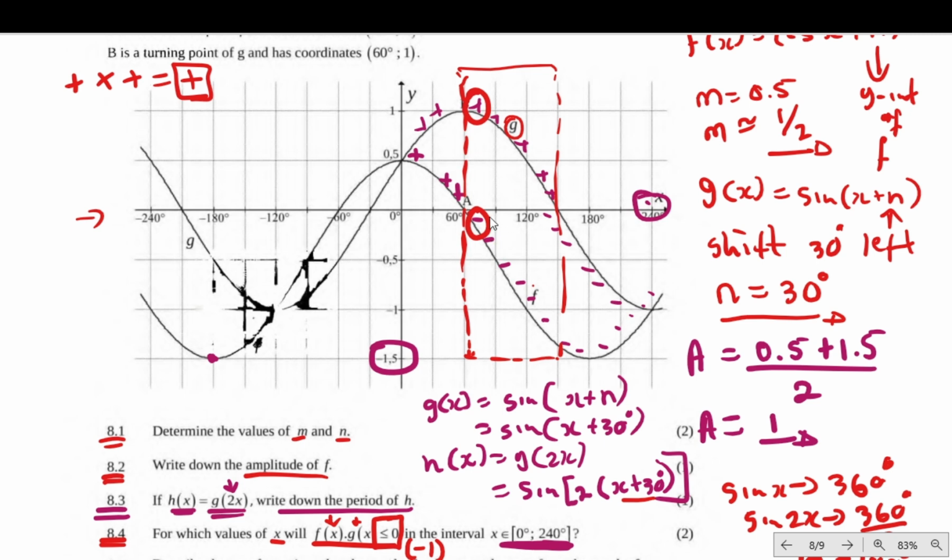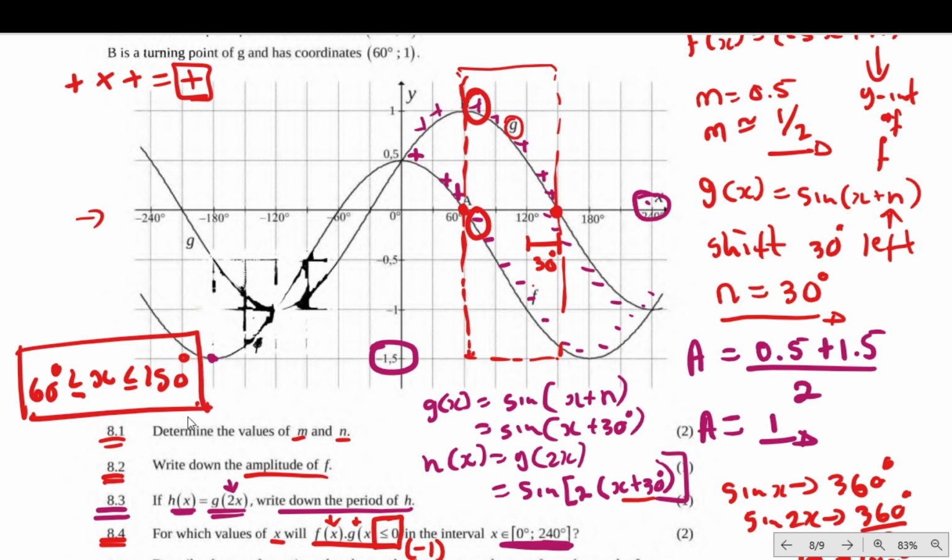So this is the range that we're looking at. This range starts at 60 degrees up to 150 degrees, because remember that the difference is 30 degrees. So x lies between 60 degrees and 150 degrees. This is going to be your answer for this question.